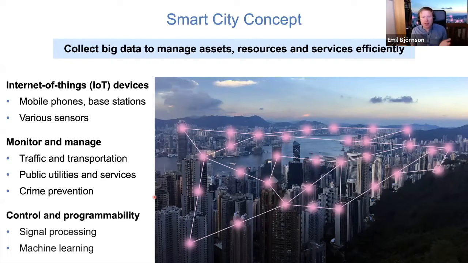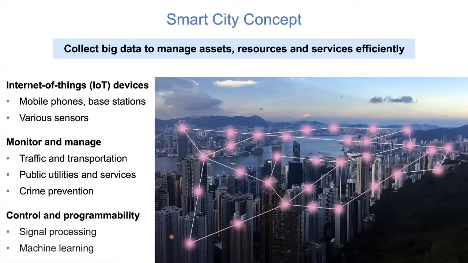The whole smart city concept is based on collecting this big data and then managing your assets, resources, and services more efficiently. And how do you do that? Well, somehow you need to process these input signals, the data, and you could potentially use machine learning methods to try to figure out how to do this more efficiently.